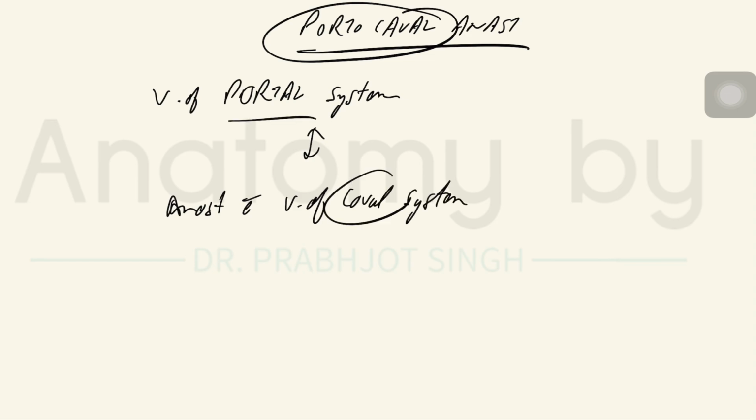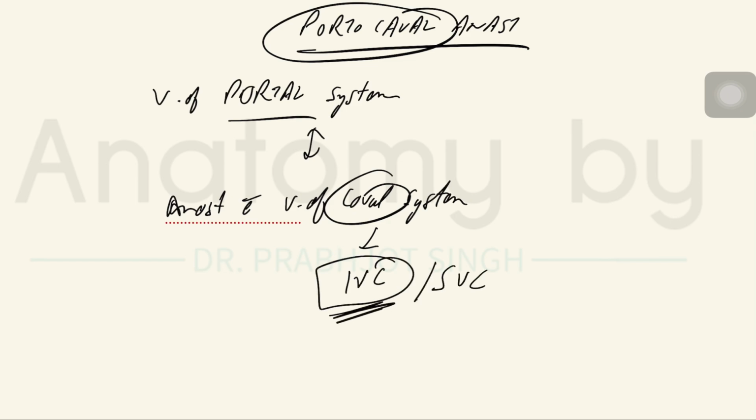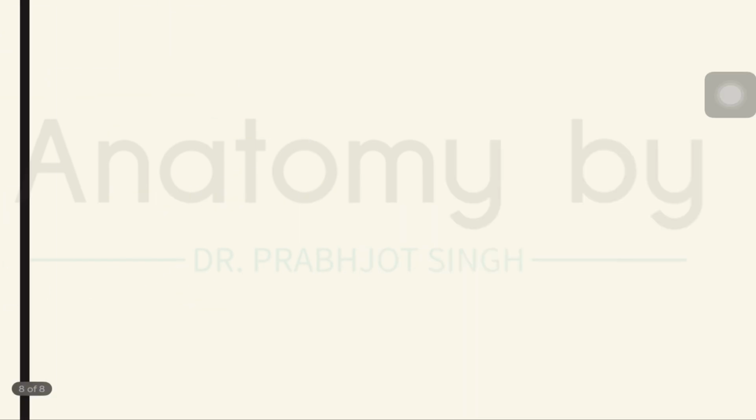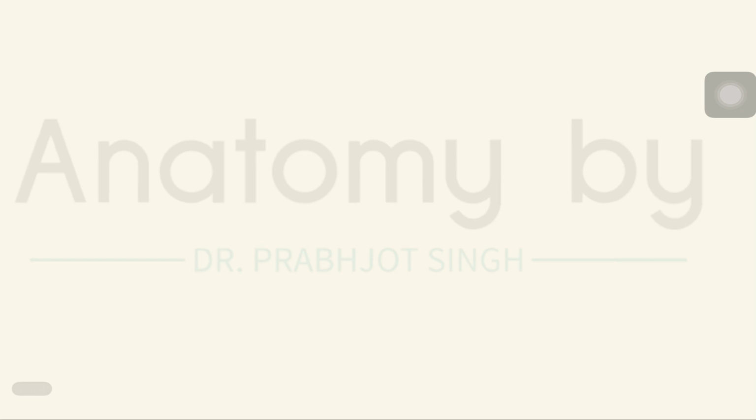That is the portal vein with the caval system, that is going to be IVC or SVC, but mainly it is IVC only. So caval system consists of IVC, SVC, and portal system is the portal vein.